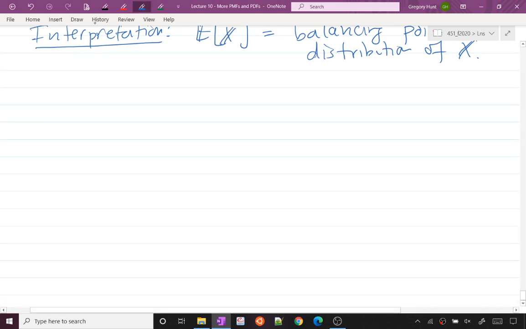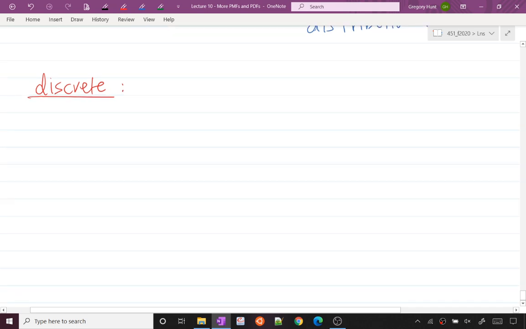For example, if we looked at the discrete case, you could imagine plotting the PMF. We have this kind of stick plot, and there are different masses, and you can imagine these masses aligned on this bar.